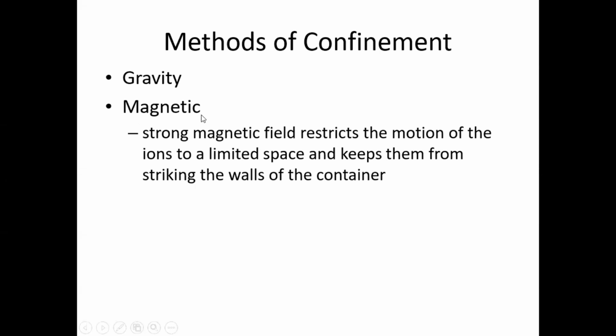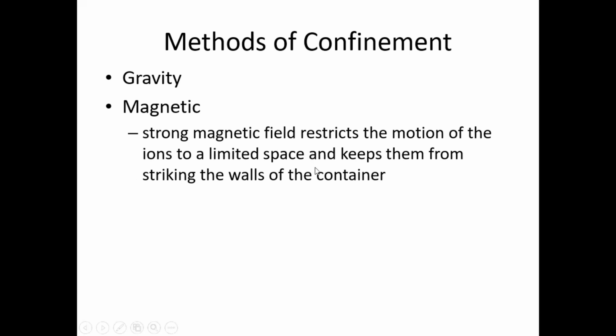Then there is the possibility of magnetic confinement, where strong magnetic fields allow the charged particles to get trapped and follow helical trajectories, moving like spirals along the magnetic field lines. So the stronger the magnetic field, the smaller the radius of such spirals, and the better the confinement.